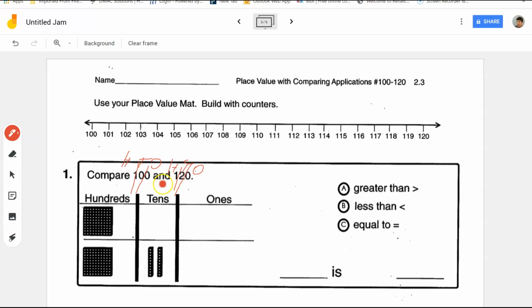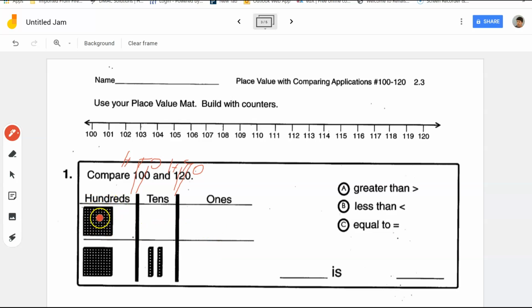Now the next number, we're going to sketch it, 120. This is 100, the hundreds, 100. Then 2 in the tens, 2 rods, 2 lines on the tens. And then how many ones? 0, so we don't have anything here. So now we're going to decide which one is greatest or less than.